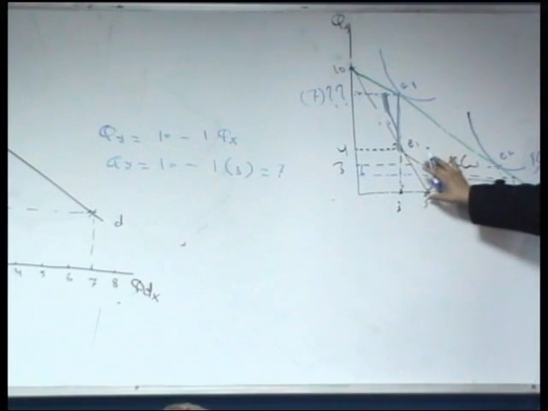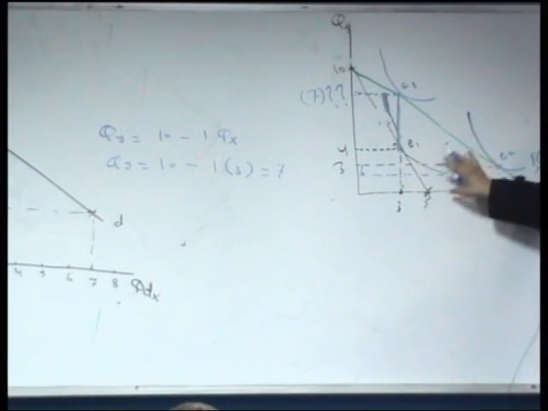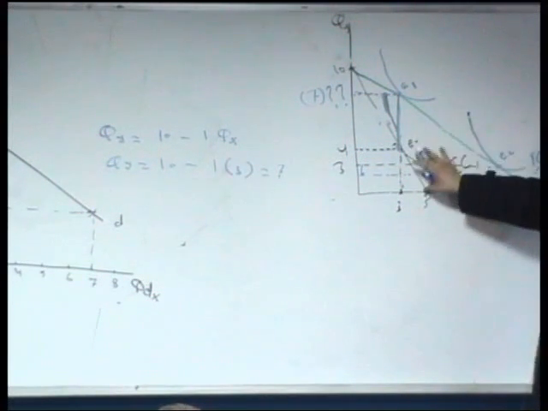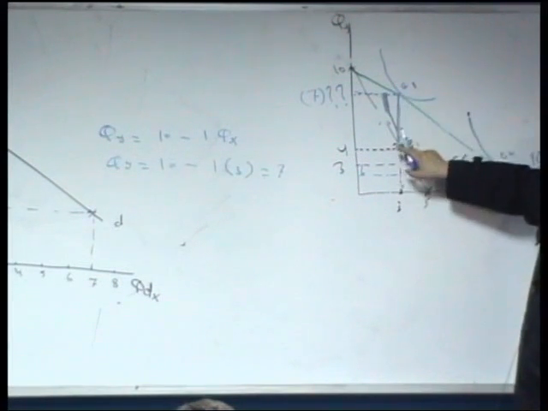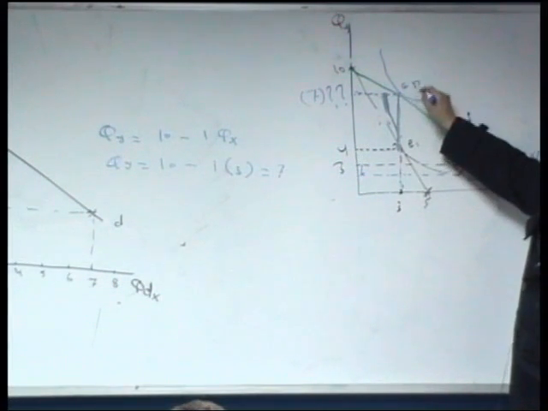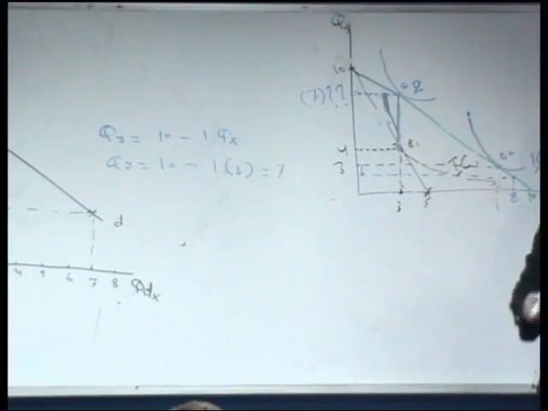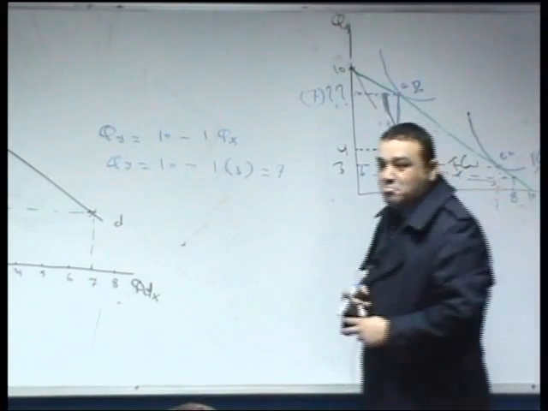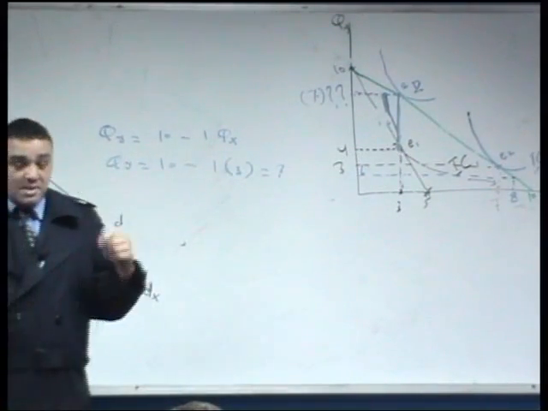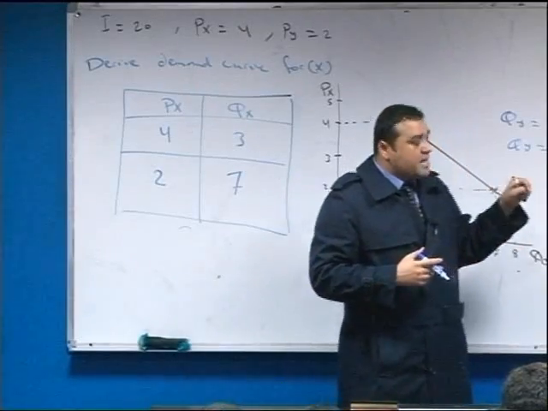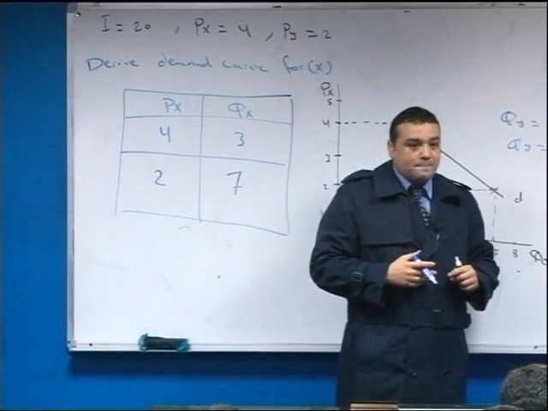So when the price of X declined, the consumption of X increased. So this line from A1 to A2 is called the price consumption line. Okay? Suppose that the consumer income increased.